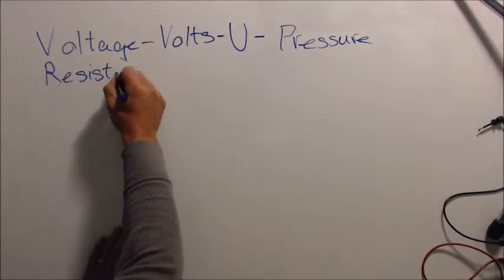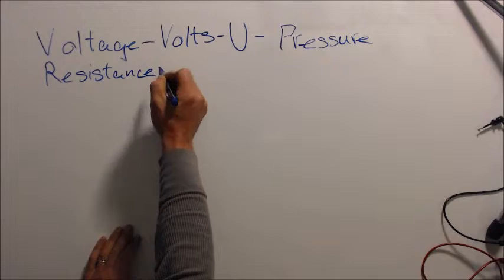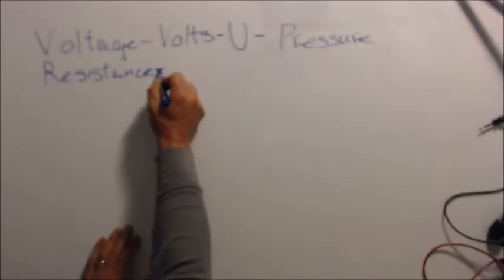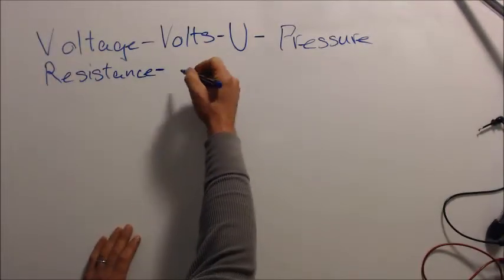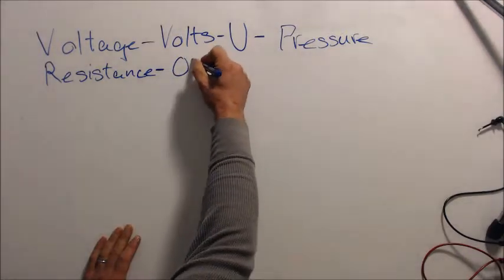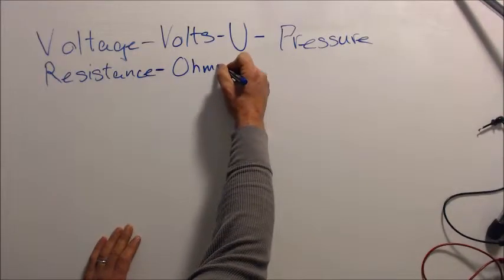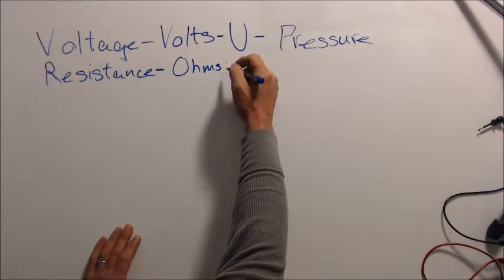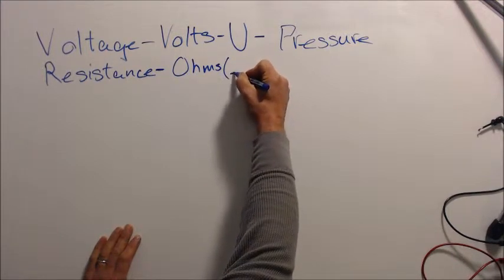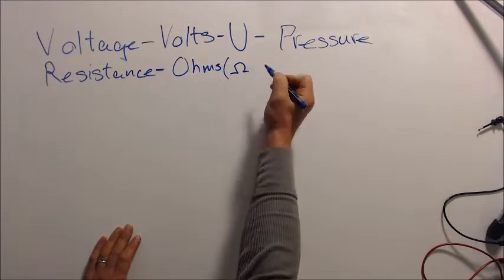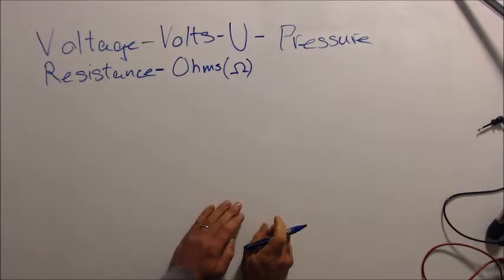Resistance, that is measured in ohms. We use a symbol for this looking like this. It is called omega.